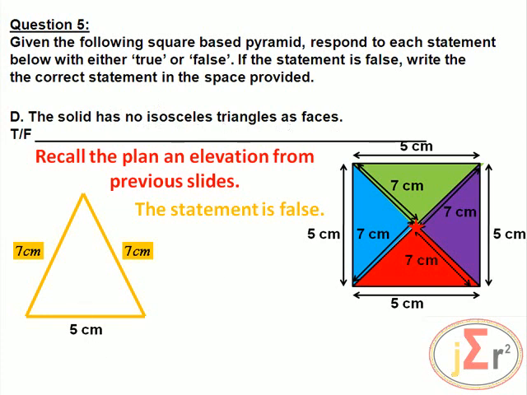An isosceles triangle has at least two equal sides. And we see here that each one of the triangles has two equal sides that are equal to 7 centimeters, which is represented in the three-dimensional diagram as the slant height of the pyramid.